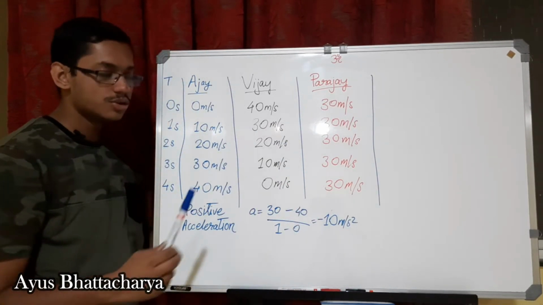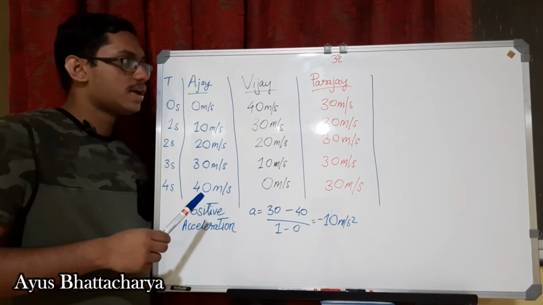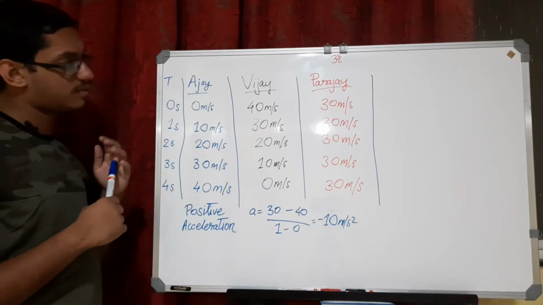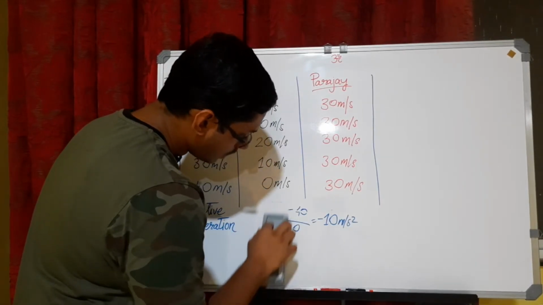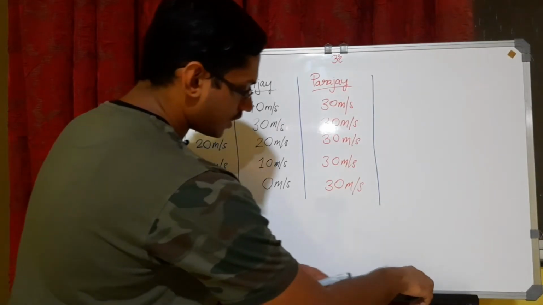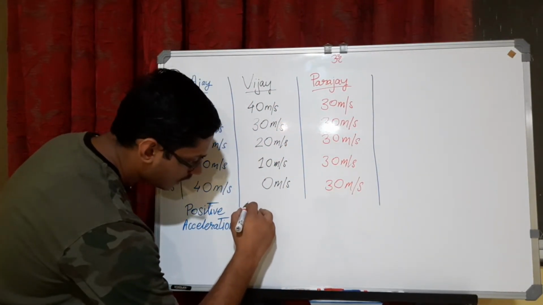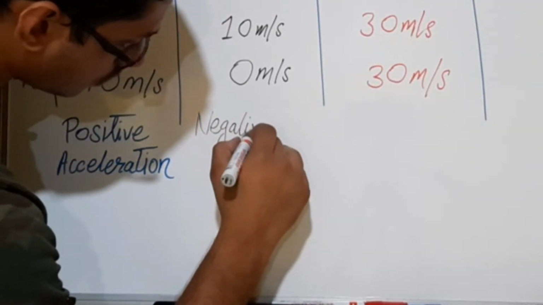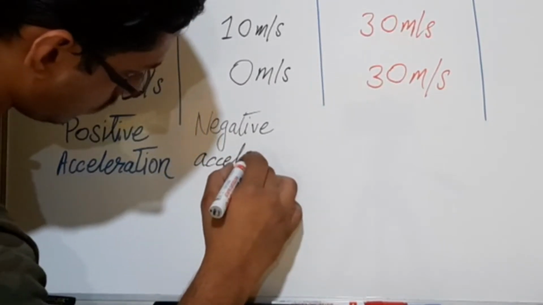So by these two things we can understand that the acceleration is negative. Okay, so let me rub this out and mention it here. What kind of acceleration is this? Negative acceleration.